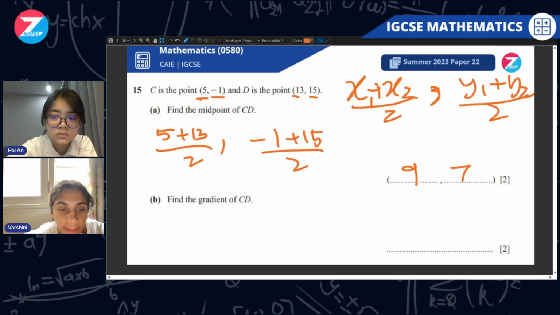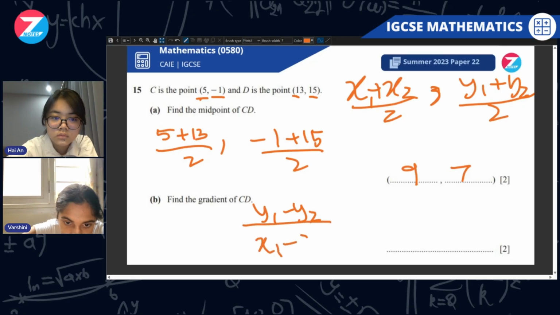Okay, part B, find the gradient of CD. So we know that for finding the gradient, it's going to be y1 minus y2 divided by x1 minus x2. So our y1 here is, again, minus 1.